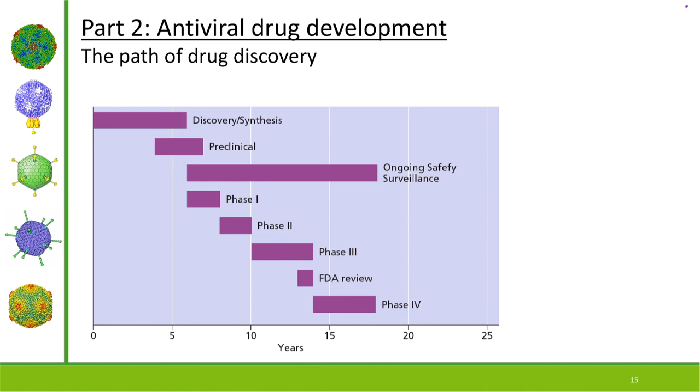So if we find a drug target that passes all the preclinicals, does well in animal models, and we are ready to move into humans, we go on to phase 1. And phase 1 is going to be about 30 people.